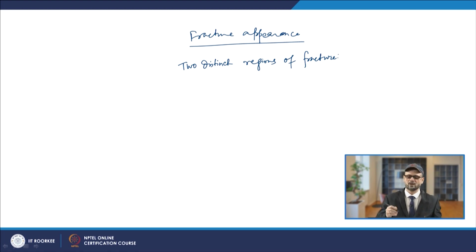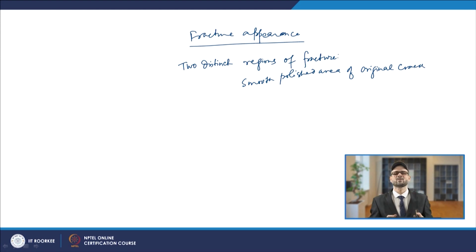You will have the smooth polished area of the original crack. Wherever the crack has originated is subjected to maximum rubbing of the surfaces, and that leads to the formation of a polished surface.